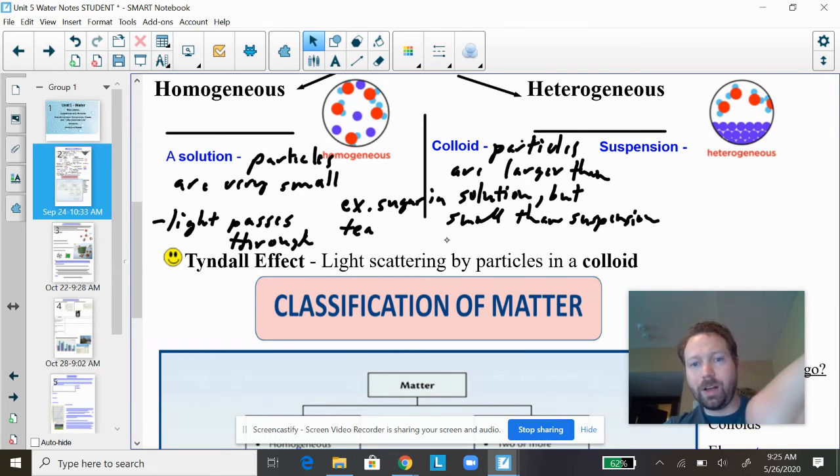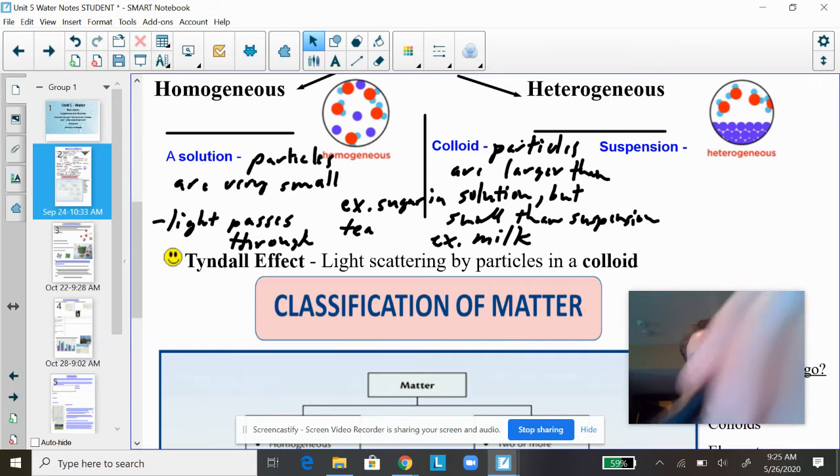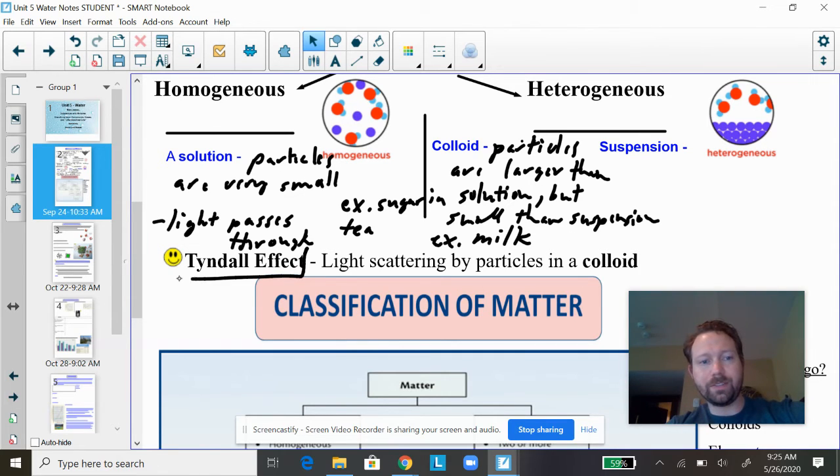An example of this is a glass of milk, particularly if the milk is very watered down. And what this does is it shows the Tyndall effect. This is where light is scattered by the particles in the actual colloid.